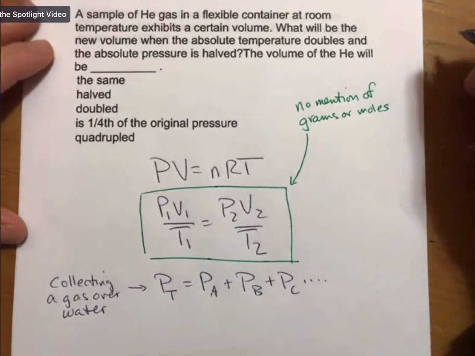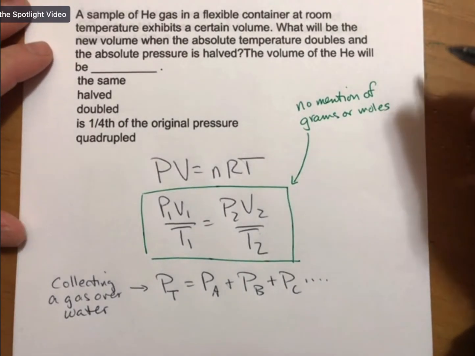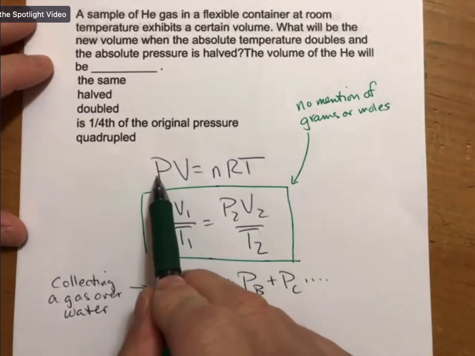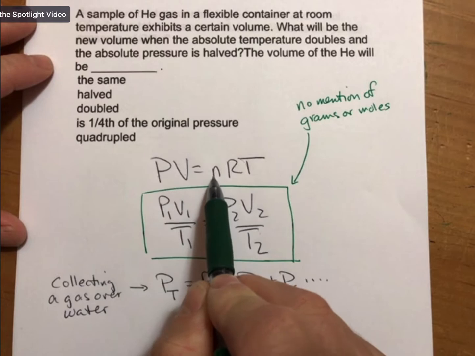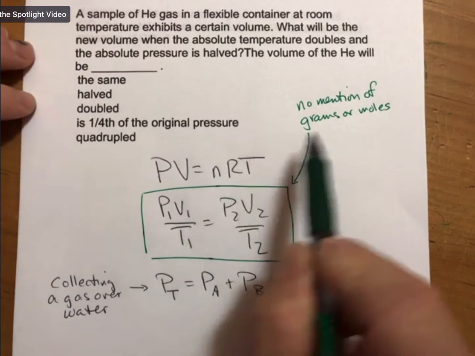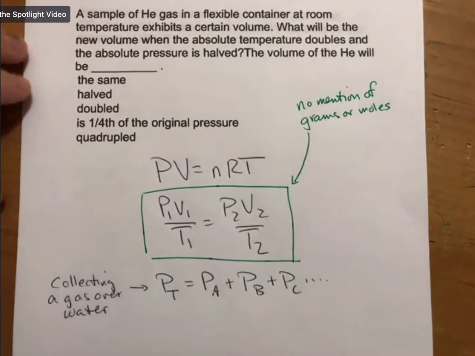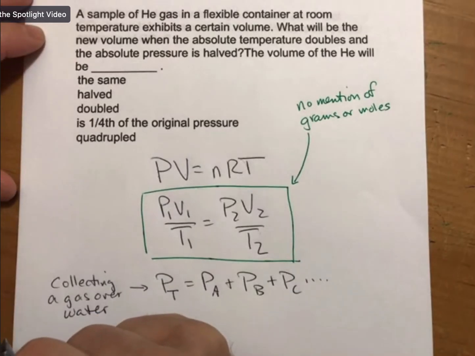And for problems that have mentions of grams or moles, typically the best way to solve them is using the ideal gas law, because if you have moles, great. If you don't have moles, but you have grams, you can convert it into moles. And that's not a universal rule, but it's a pretty good hint anyway.